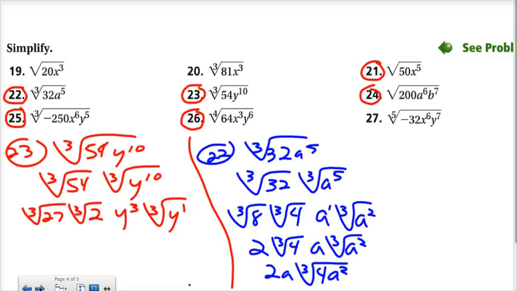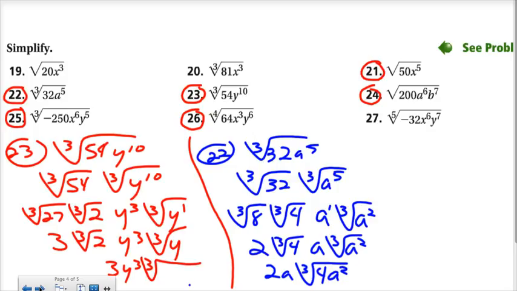And now my cubed root of 27 is 3. Then I have the cubed root of 2, y to the third, cubed root of y. And finally, I pull together the nice stuff, which was a 3y to the third, the pretty stuff, and any ugly remainders are going under that radical, and that will be a 2 and a y. So 3y cubed, cubed roots of 2y.